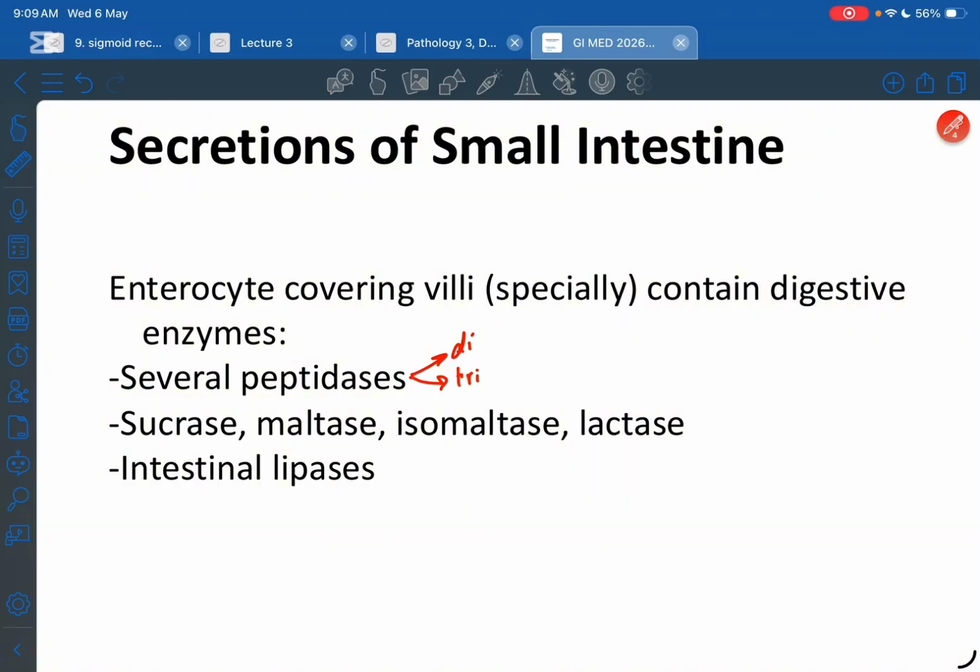Now the small intestine has a huge area. Although the diameter is small, we have huge area in terms of villi and microvilli. This huge area makes a good surface for absorption. The microvilli are covered with certain cells we call enterocytes. These enterocytes have enzymes in their membrane, structurally.